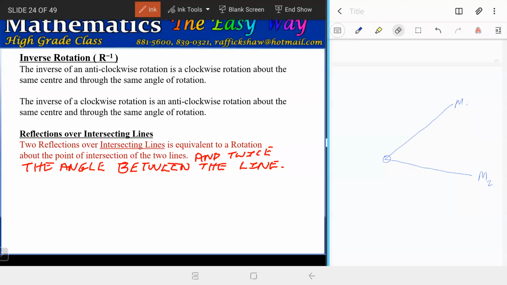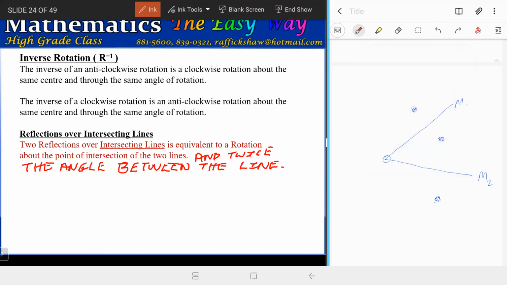And I have an object here, and I reflect it, it comes here, and then I reflect that again, it comes down here. So 2 reflections took place: this one to this one first, over that line, and then this one to this one, reflecting over this line.